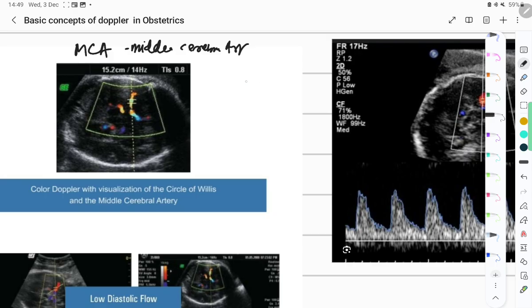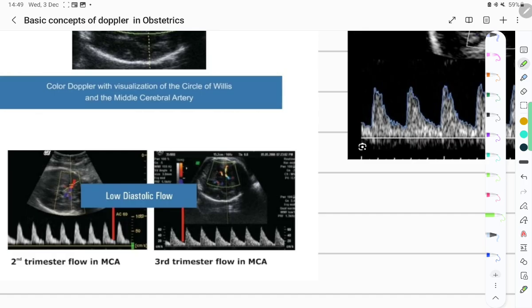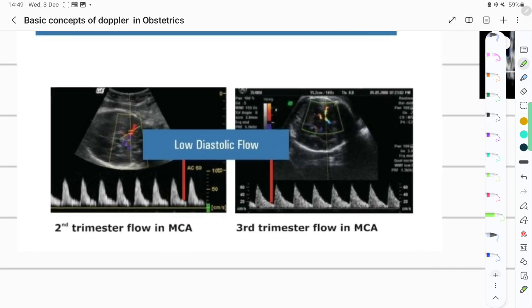In the circle of Willis, there are two anterior cerebral arteries, two middle cerebral arteries and the posterior arteries. So this will be the circle of Willis. If you put the probe on the middle cerebral artery, we'll get a Doppler like this.